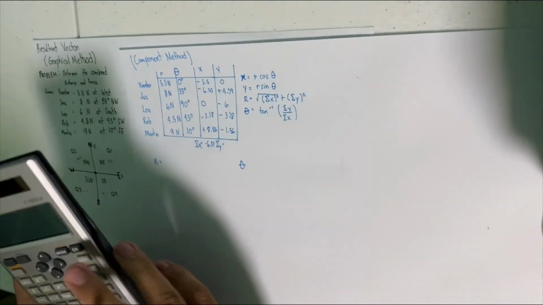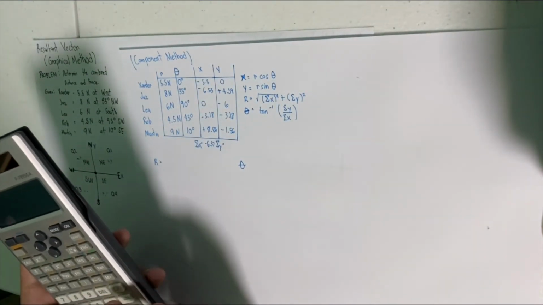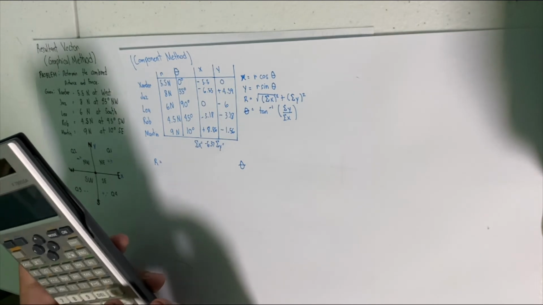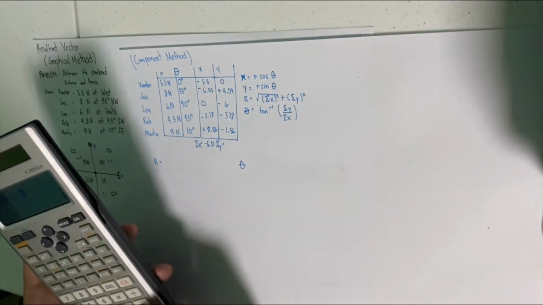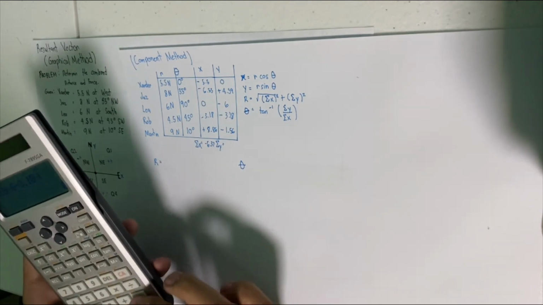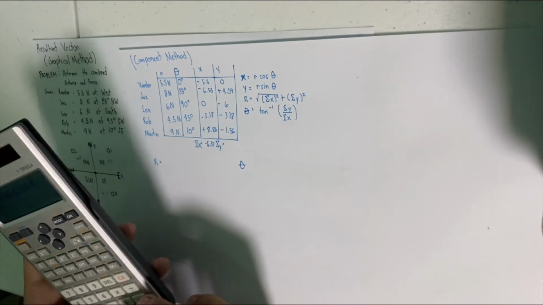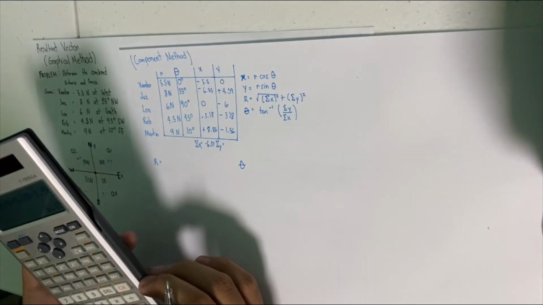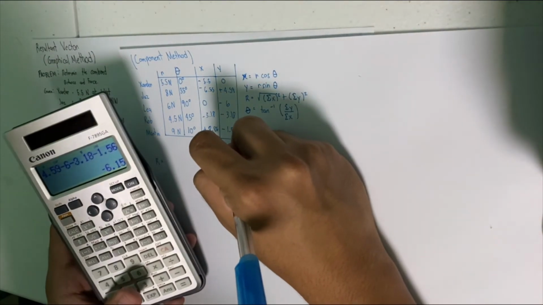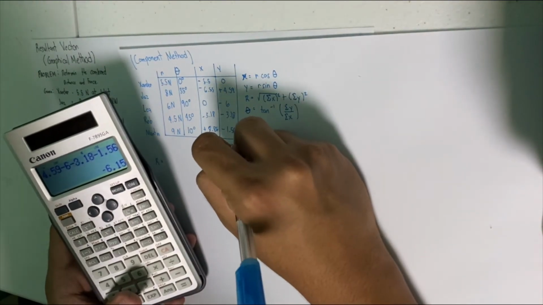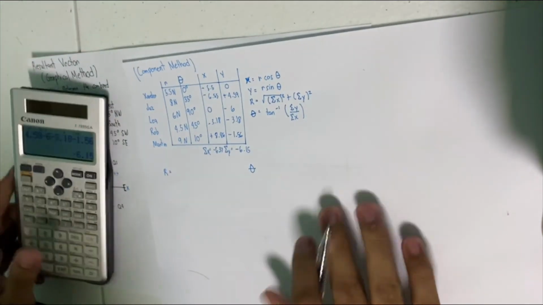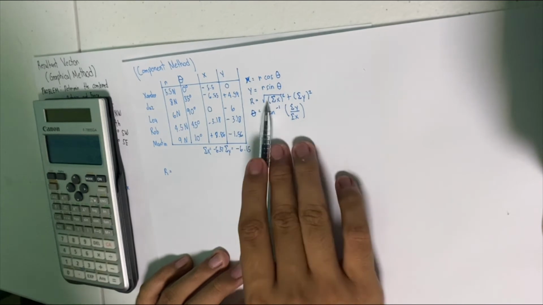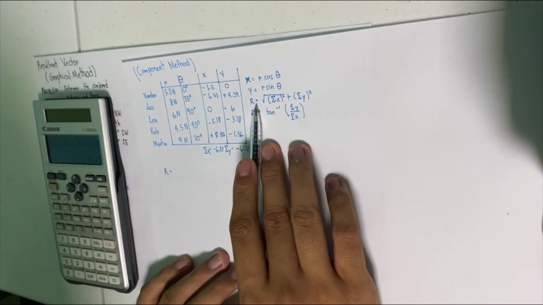So, for the y, the same. So, 4.59 minus 6 minus 3.18 minus 1.56 is equal to negative 6.15.